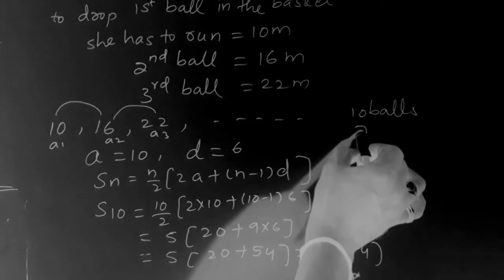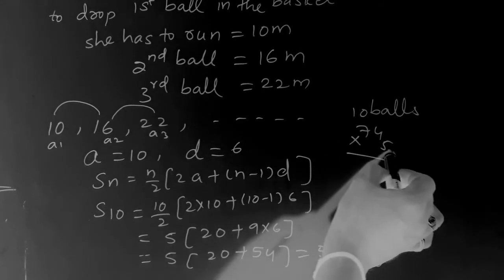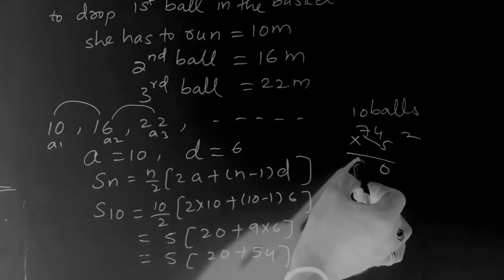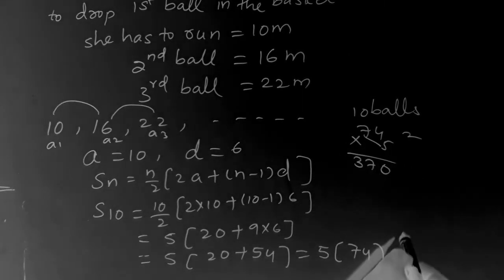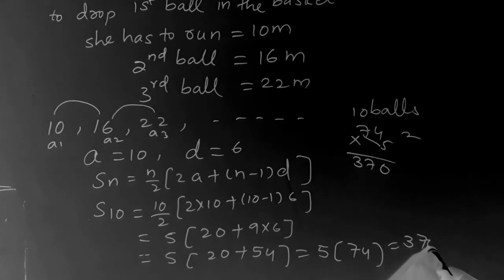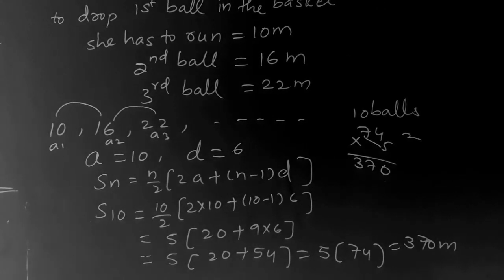Multiply that 74 into 5. That will give you the total distance. 5 4s are 20. 5 7s are 35 plus 2, 37. So she has to run a total distance of 370 meters to complete the race.